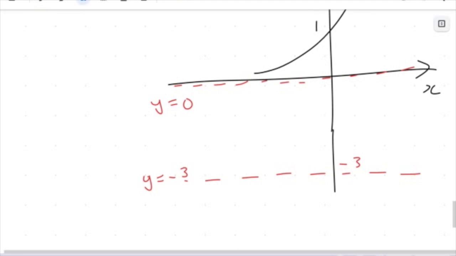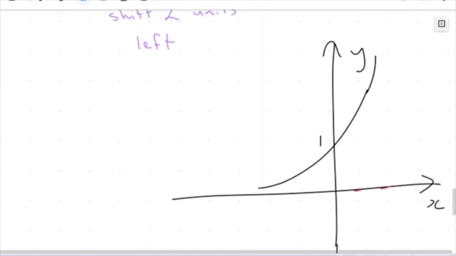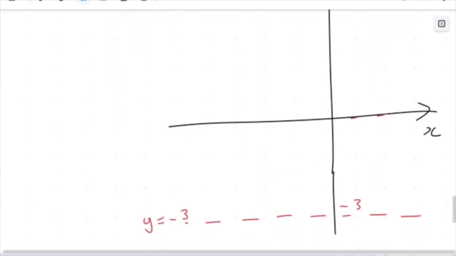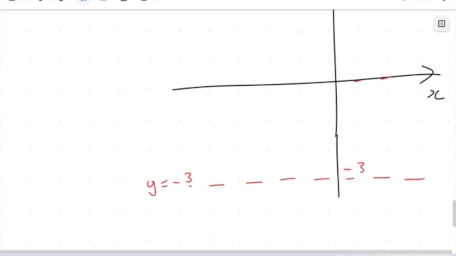Okay. So I'm shifting down 3 units, everything, and I'm shifting to the left 2 units. So it's a little bit tricky to work with these. So we're just going to draw something roughly and just put in a point of scale. So also we want to find a y-intercept as well.